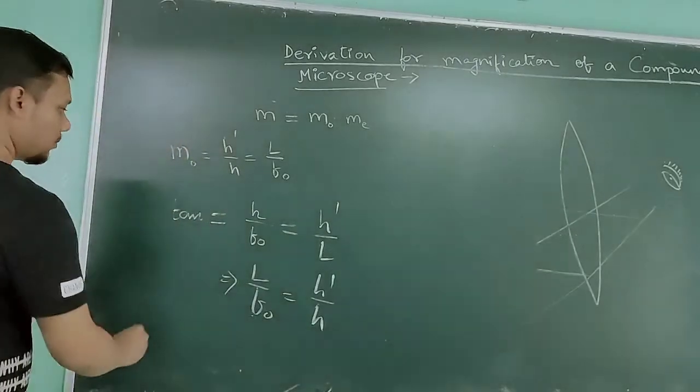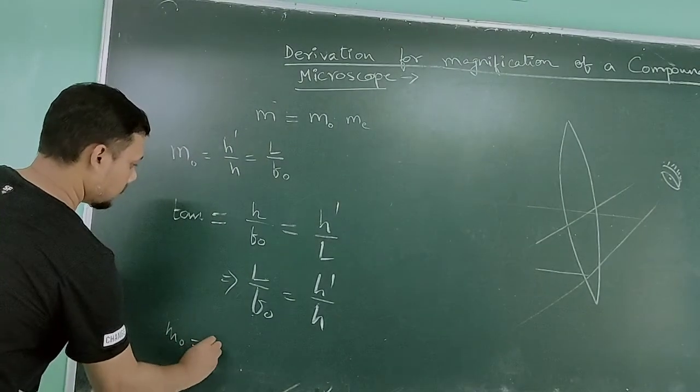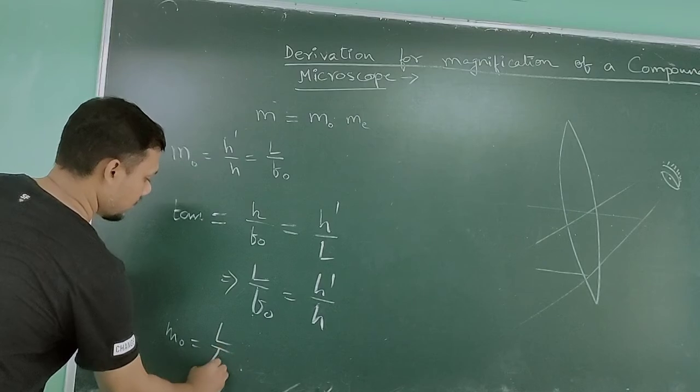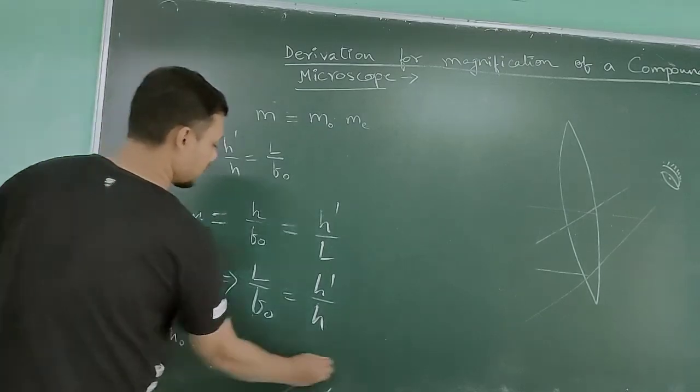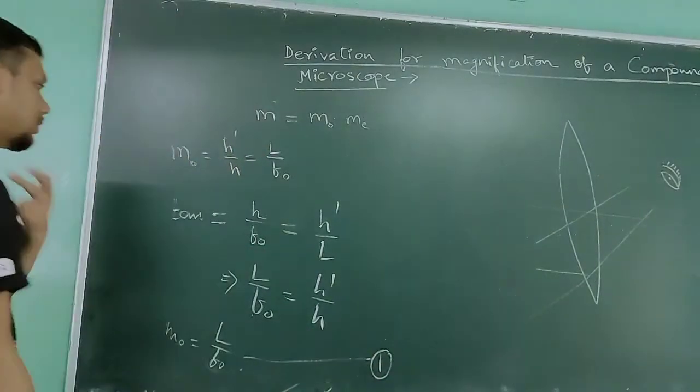So the magnification of the objective lens MO is equal to L by F0. This is one equation. You can take it as equation one.